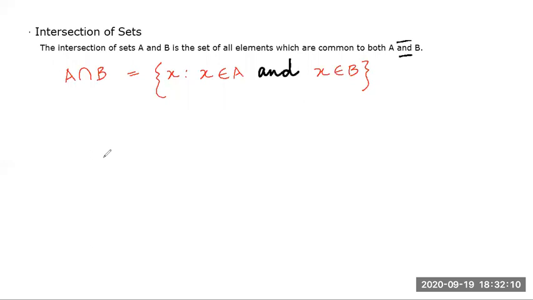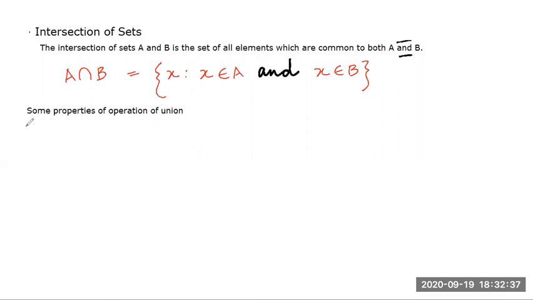So I'm going to write here: some properties of the operation of union. What are the properties? Which laws does it follow? Very important base so that you can do difficult questions tomorrow easily.